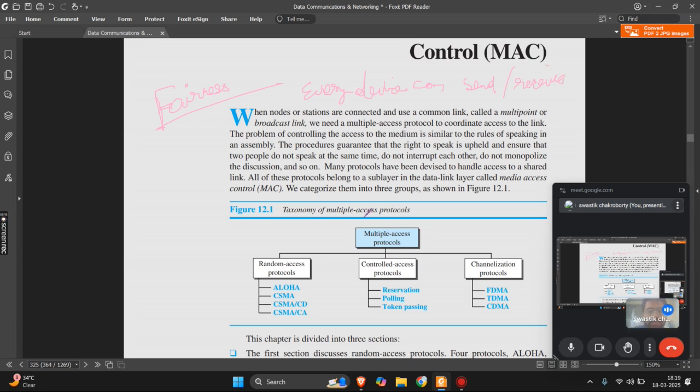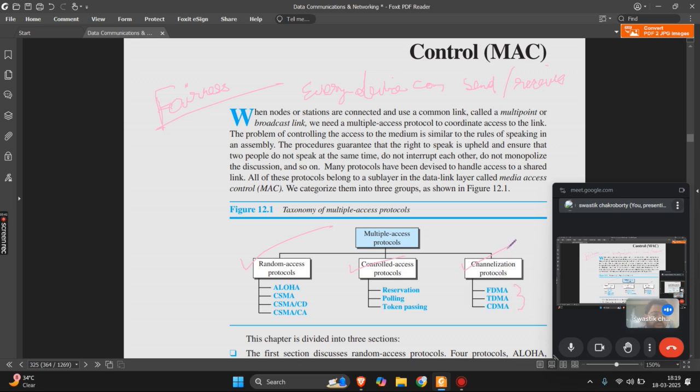Now there are multiple access protocols. Some are random access protocols, like ALOHA, CSMA, CSMA-CD, and CSMA-CA. Some are controlled access protocols, and some are channelization protocols. Channelization protocols might be familiar to you: FDMA, TDMA, CDMA.